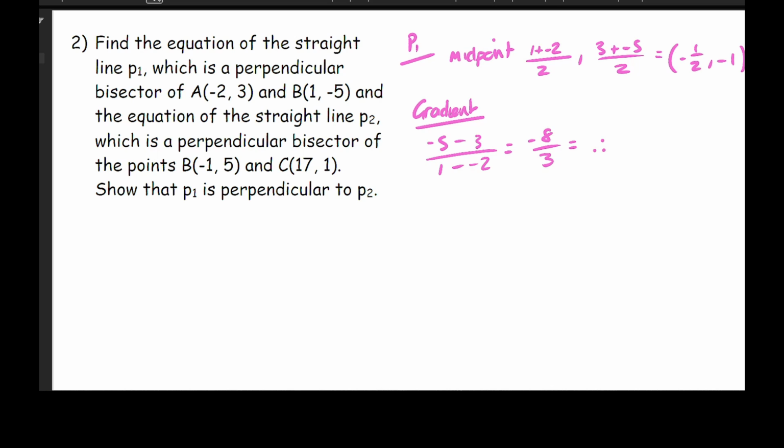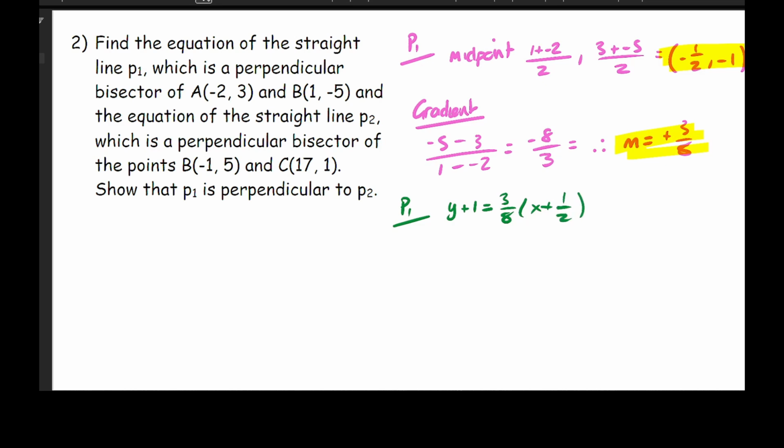So therefore, the gradient of the perpendicular bisector is going to be the negative reciprocal of this. Now, if it's a fraction you're working out the reciprocal of, all we need to do is flip it and change the sign. So that's going to be plus 3/8. So then using these 2 bits of information, I can then work out the equation of P1. And just to save a bit of time, that equation we should have is going to be, and again, there's different variations we could have, y plus 1 equals 3/8 (x plus a half).